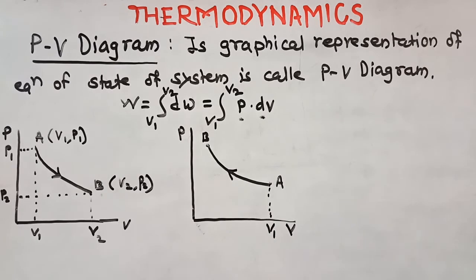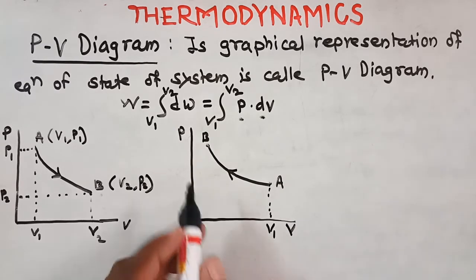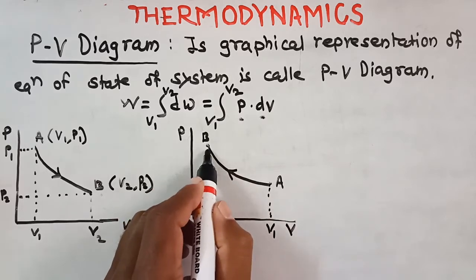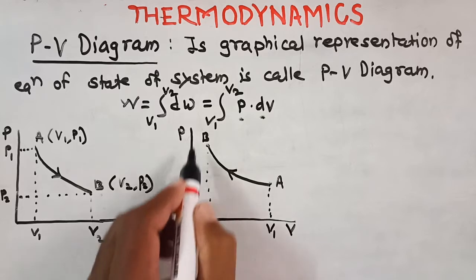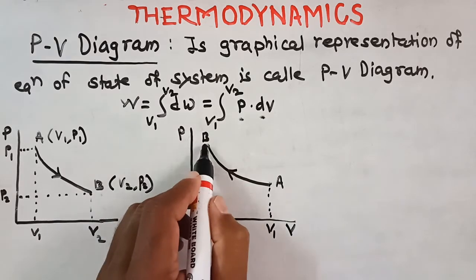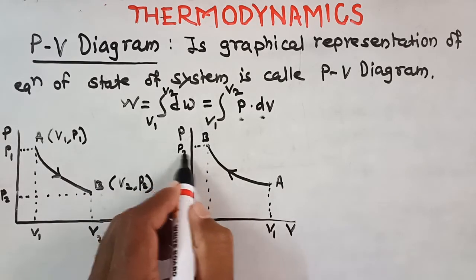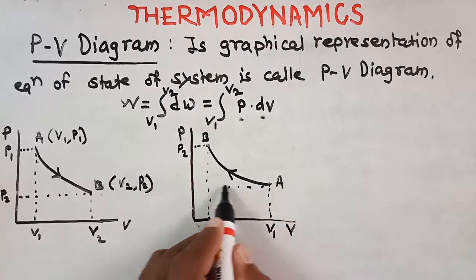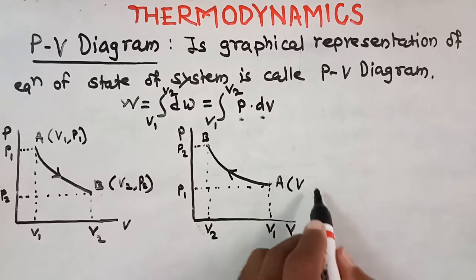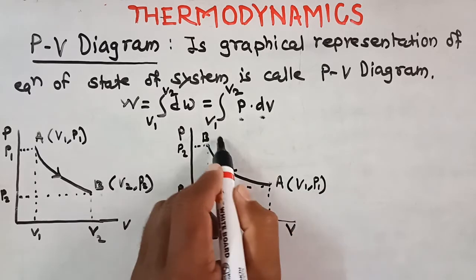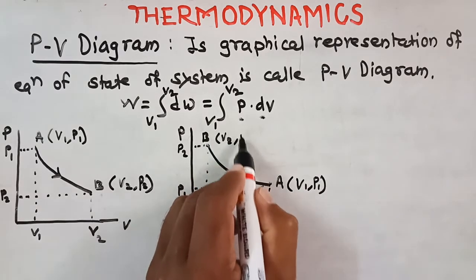V2 becomes V1, and the final volume is V2, and the pressure is here P2 because it is the second point, and here the pressure is P1 because it is the first point. So these coordinates are V1 P1 and V2 P2.